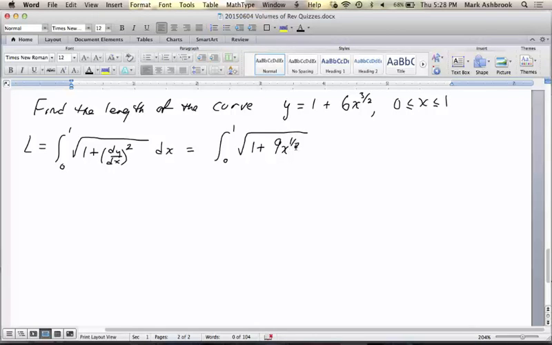Is that right? Squared, dx. Okay, so what's that? One plus 81x, dx.